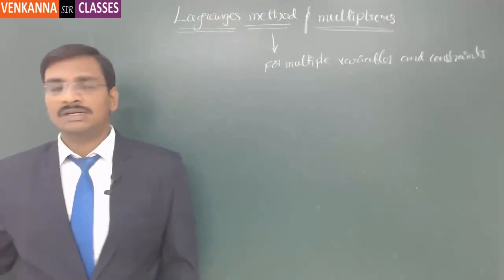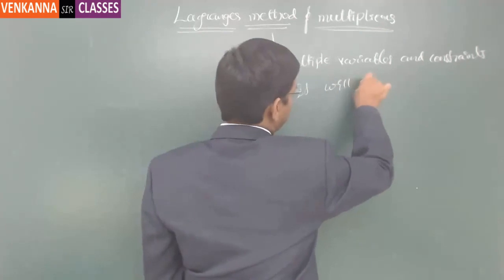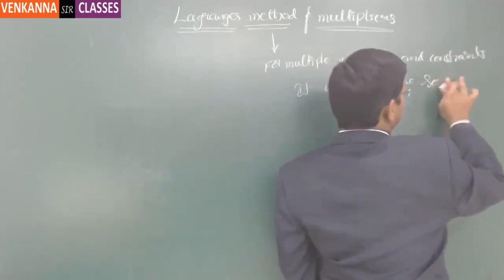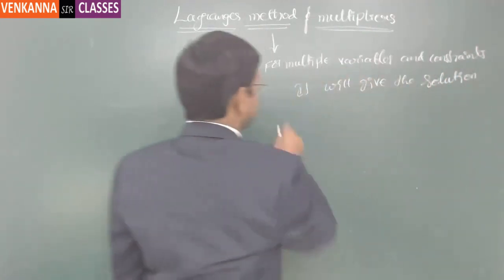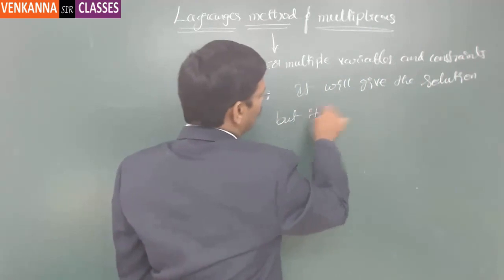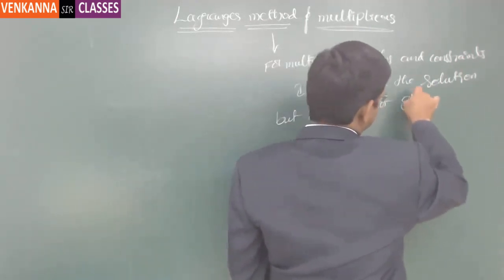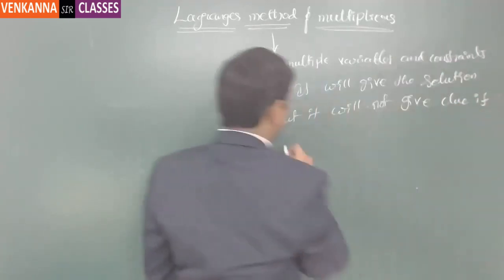The limitation is that it will give only one solution, but it will not give a clue whether it is maximum or minimum.